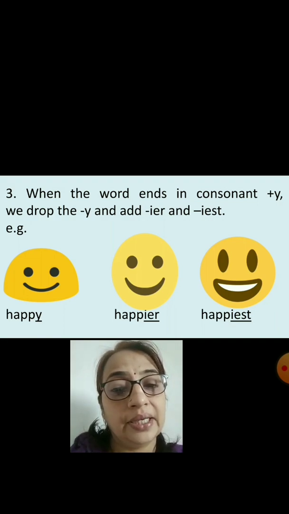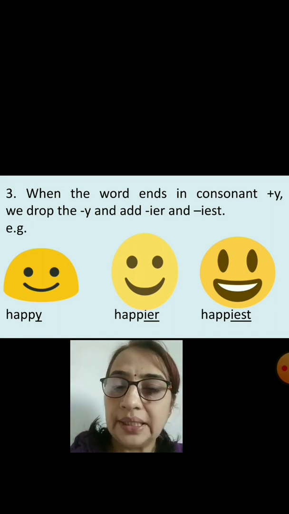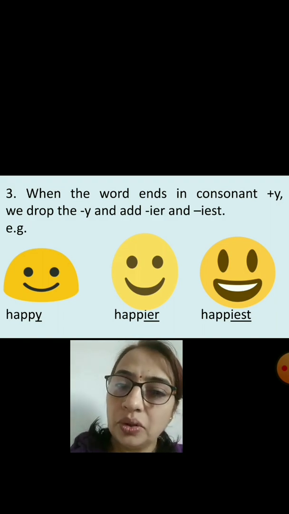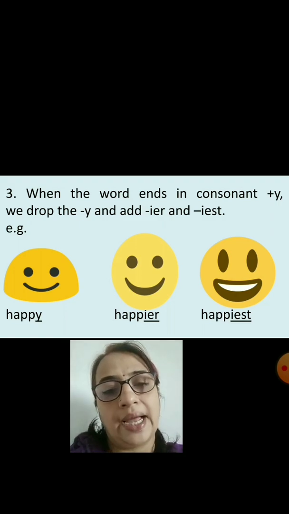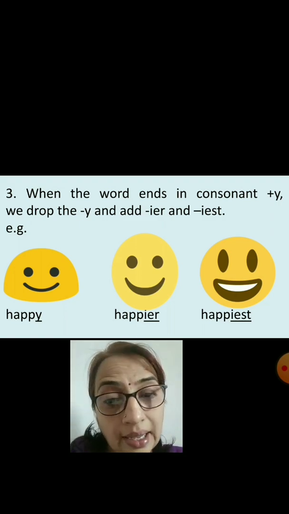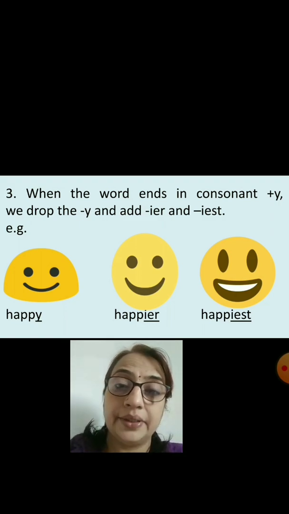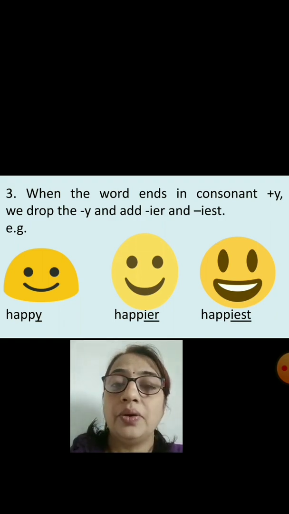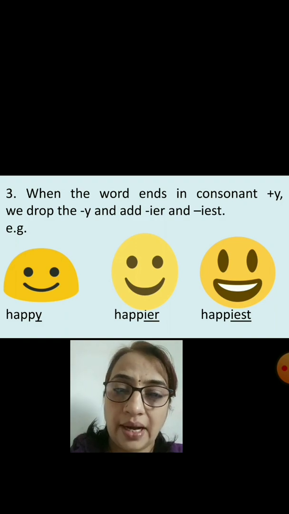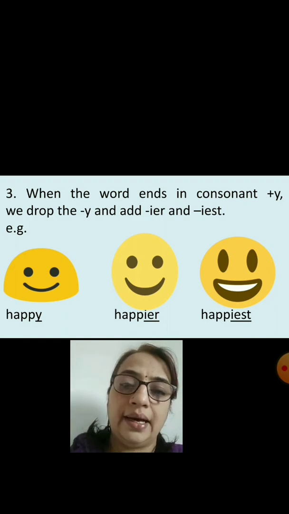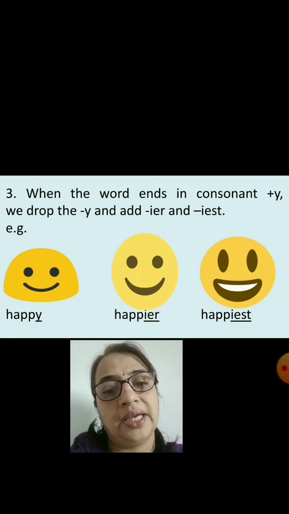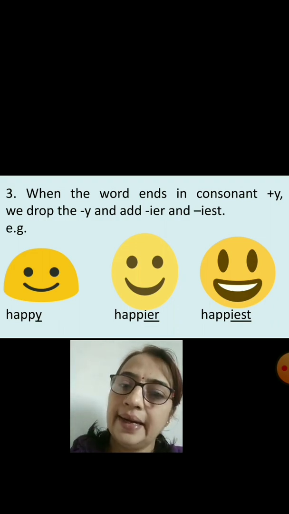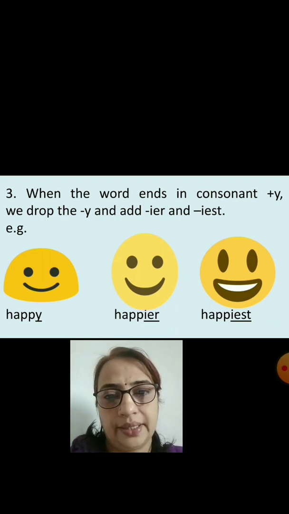The word is ending with Y. So in that case, we have to drop Y and we have to add IER to make it comparative degree. If the word is ending with the consonant Y, you have to drop Y and add IER. Or you can say you have to change Y into I and add ER to make it comparative.